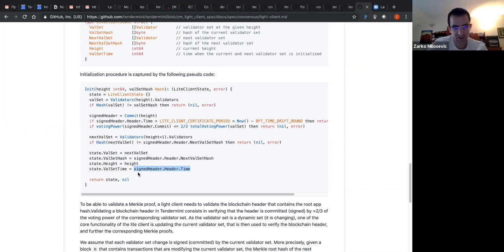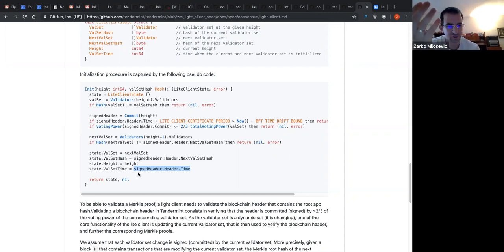Because essentially, if I have trust in the validator set at height h, I get the next validator set for free. The question is when the next val set is initialized, and it's actually initialized by the current validator set once it signs the hash of it. This was not obvious to me when I started working on this.